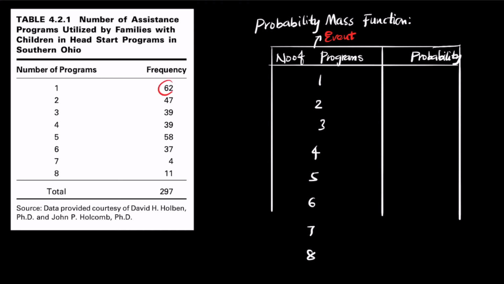To get the probability, you divide each frequency by the total value. So the first one will become 62 over 297.